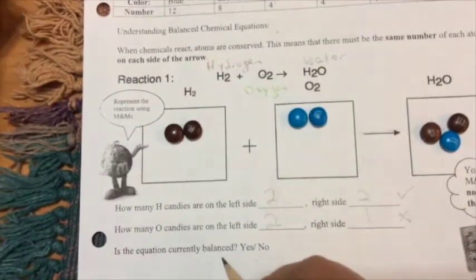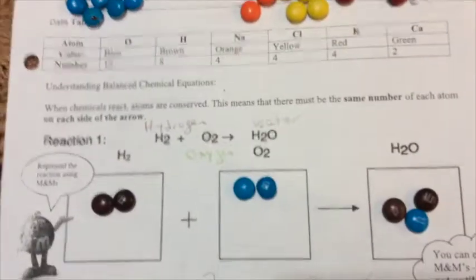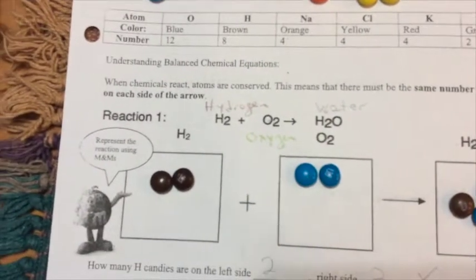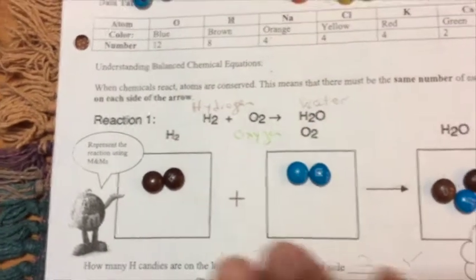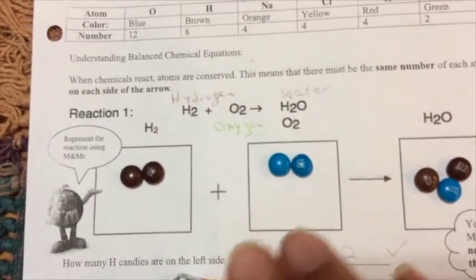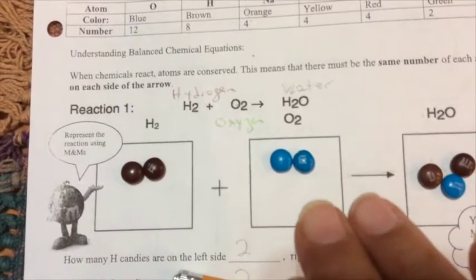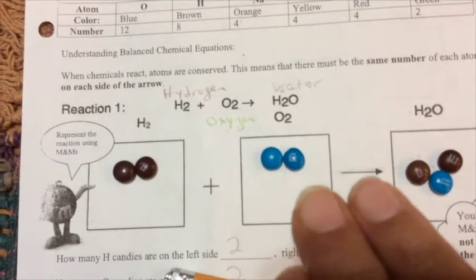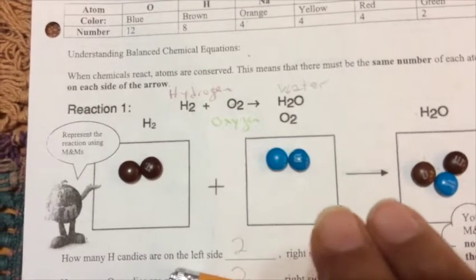Is it balanced? No. So is the equation currently balanced? No. Now, what do we have to do? Remember, our equations have to be balanced. When these molecules, the hydrogen molecules and the oxygen molecules, react together, when they combine in a chemical reaction, we remember from the law of conservation of mass, or law of conservation of matter, matter is neither created nor destroyed.